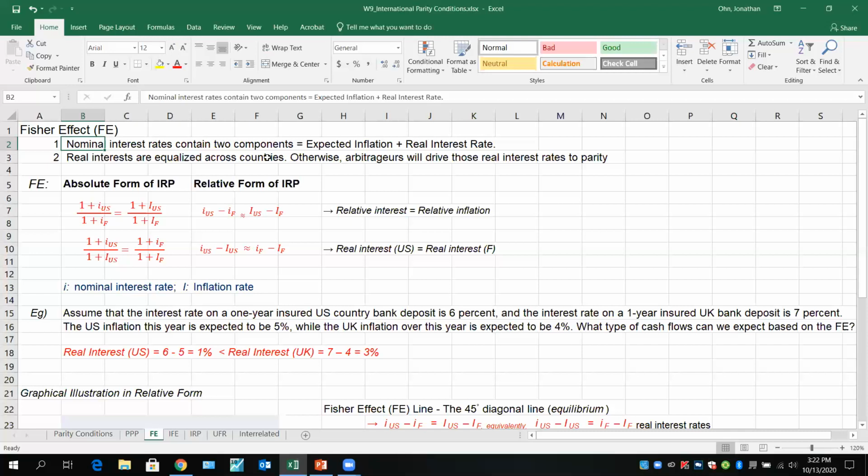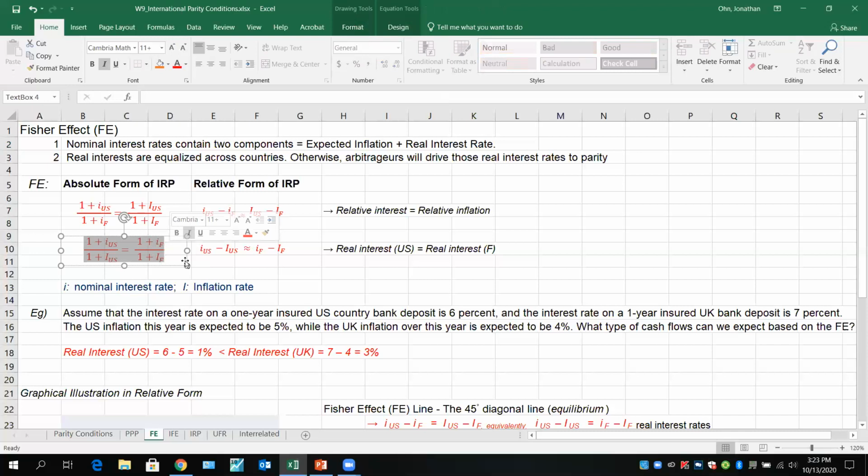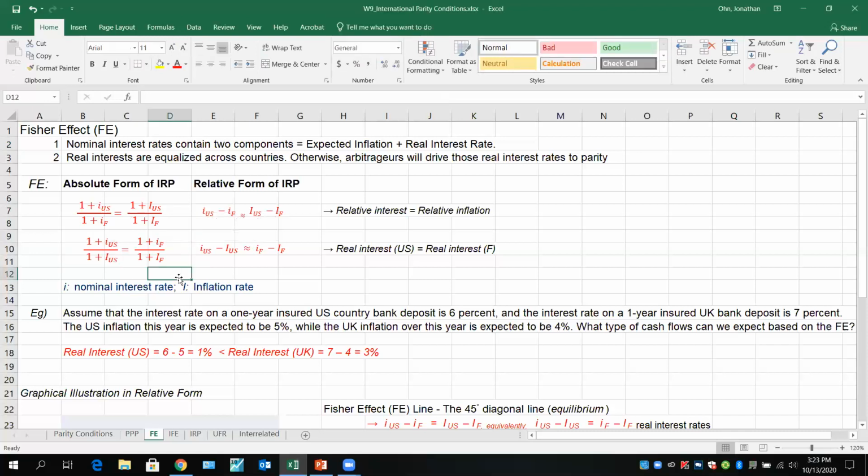Again, this Fisher effect has two different forms: the absolute or complete form, and the relative form. Let's start with the absolute form. If you look at the second one, what is that?